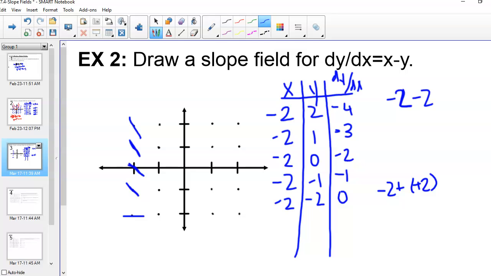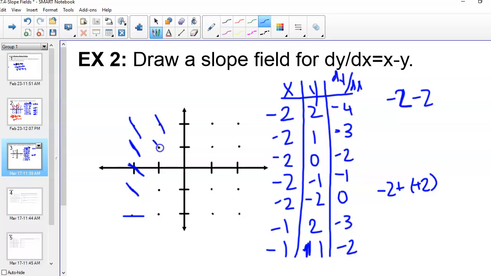Our next point that we would look at would be negative 1, 2. And you don't necessarily have to start in that top corner. I just kind of like to. And so if I'm doing negative 1 minus 2, I'll get negative 3. So I'll have a slope of negative 3 here. And then negative 1, 1 is going to be negative 2.